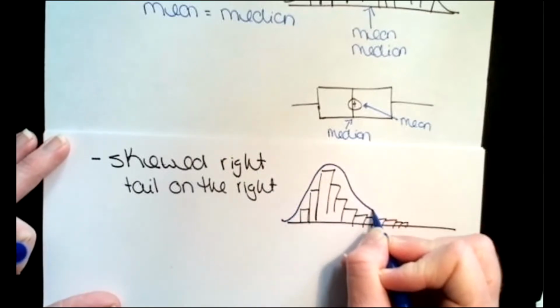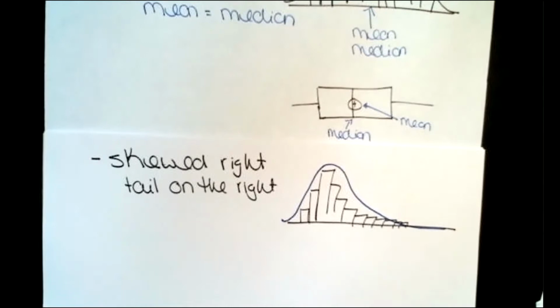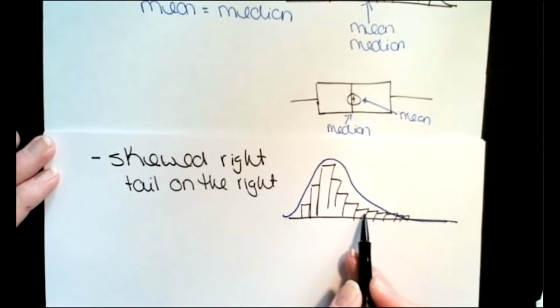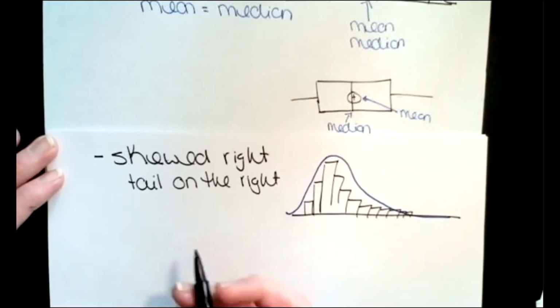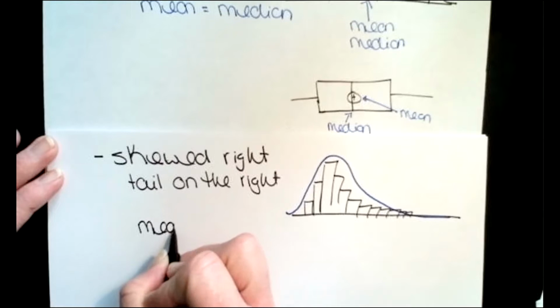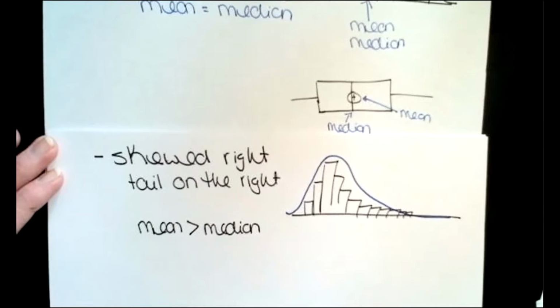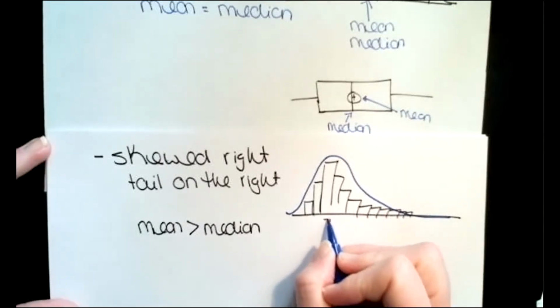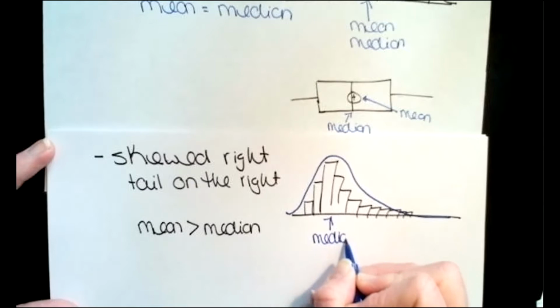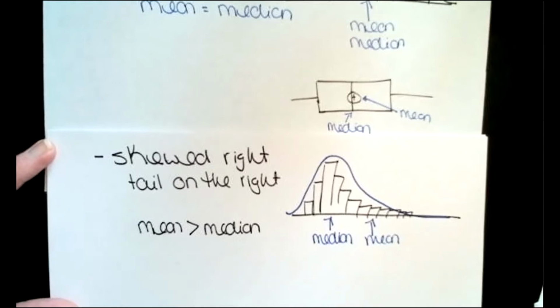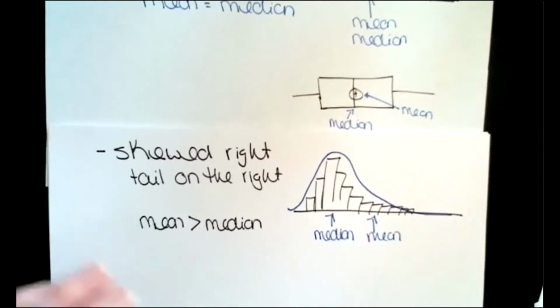So it goes up and then it's like this trail over here to the right. My drawings aren't always the best, but that's okay. So if the trail is to the right and I have all these little values to the right, then that means my mean gets pulled to the right as well. So here what we're looking at is that the mean is actually larger than the median because it's pulled. So here the median is always in the middle. Remember, the median is the 50th percentile, and then the mean is to the right. It's greater than the median.